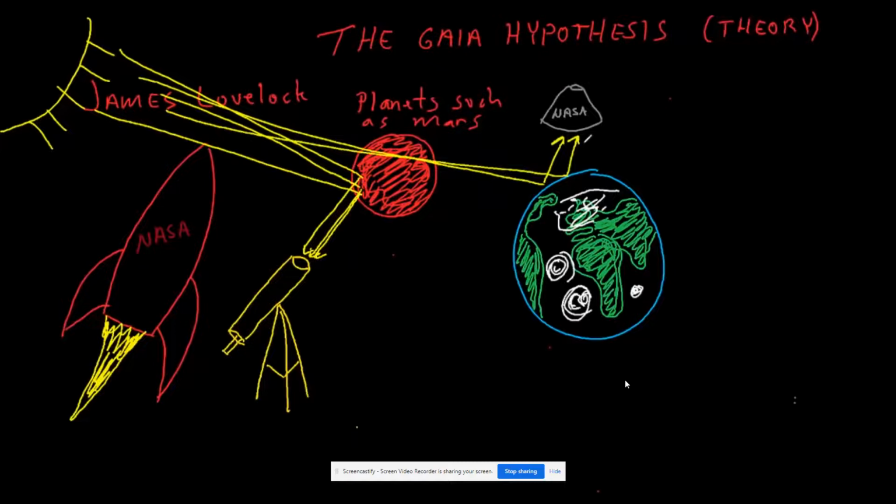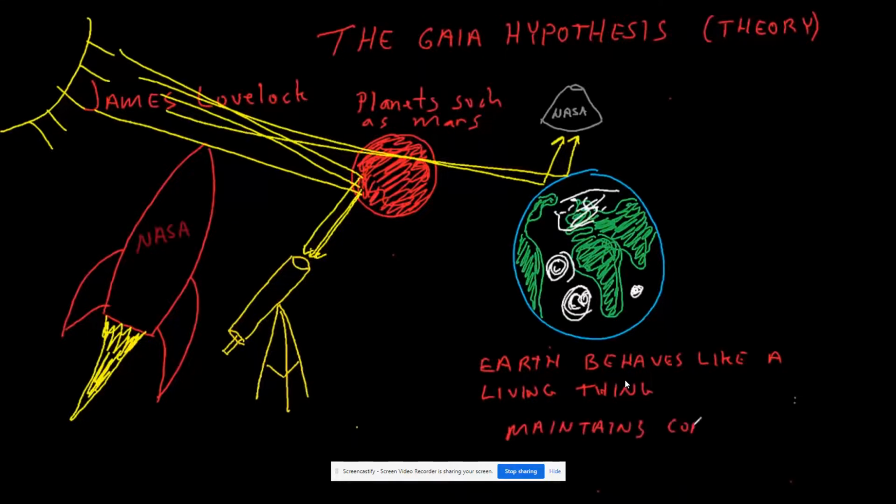What he realized then was that the gases in the atmosphere that reflect the light come from living things. That living things aren't just in the atmosphere, but that they help maintain the level of gases in the atmosphere. So they're helping to maintain the Earth as well. So he had this idea of the Gaia hypothesis, that the Earth behaves like a living thing, in that it maintains its own homeostasis, mostly keeping its temperature constant or relatively constant.